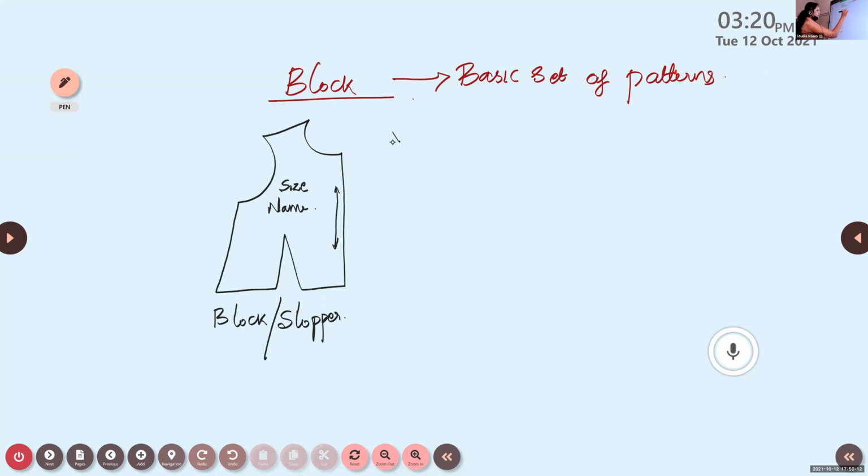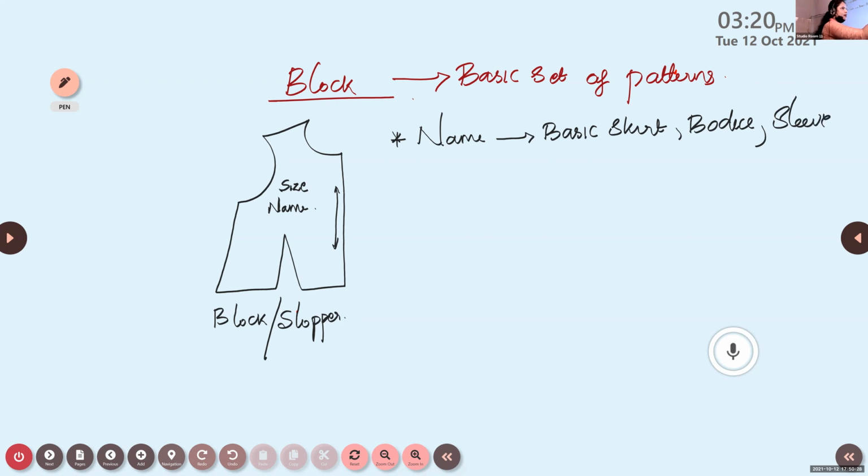So first one, name. That is whether it is basic skirt, basic bodice, or basic sleeve, whether it is double darted or single darted. So that is the name.